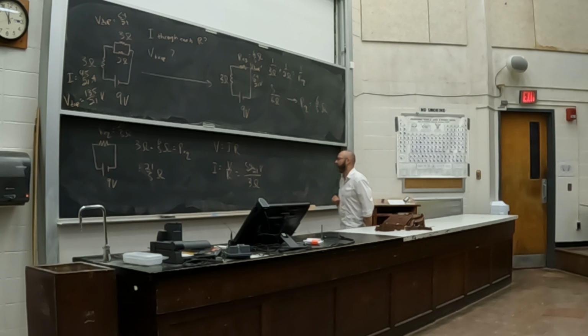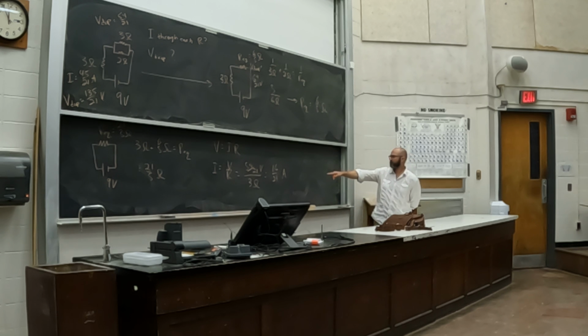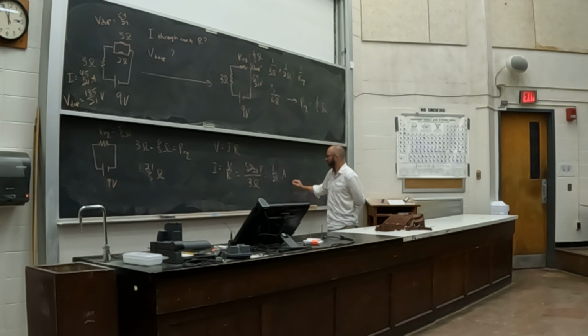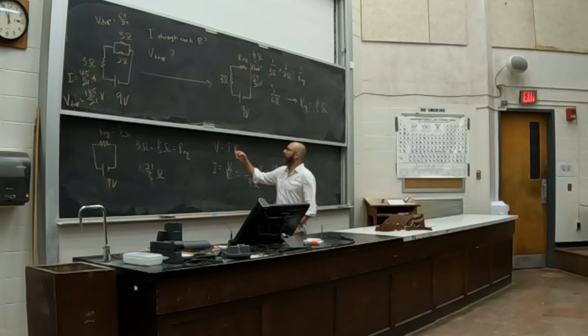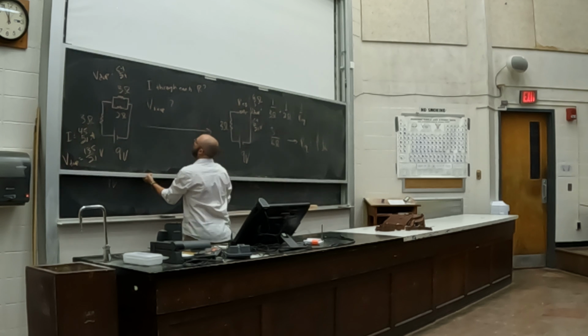Is it 16 over 21, I think? I believe that's right. No, 18 over 21. Yep, I like that better. So that's the current flowing through the 3 ohm resistor.